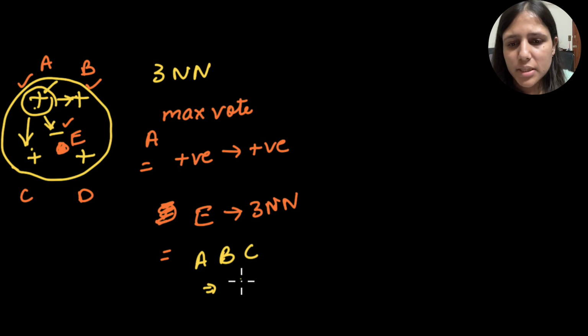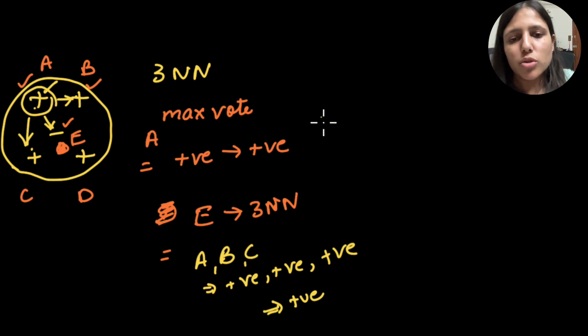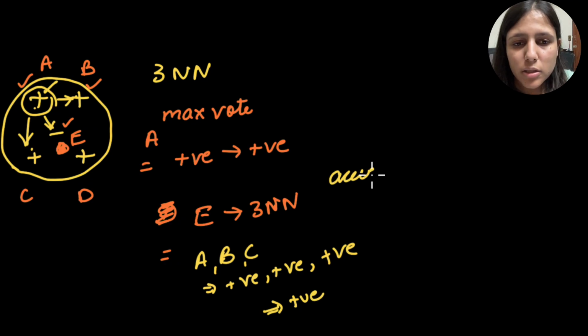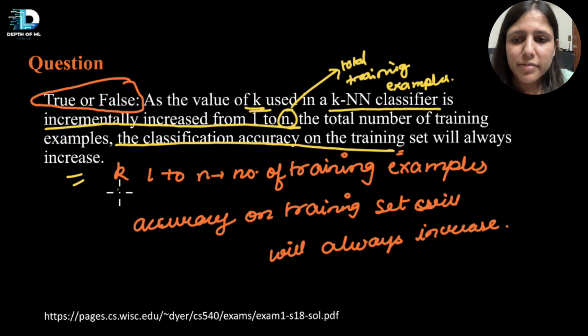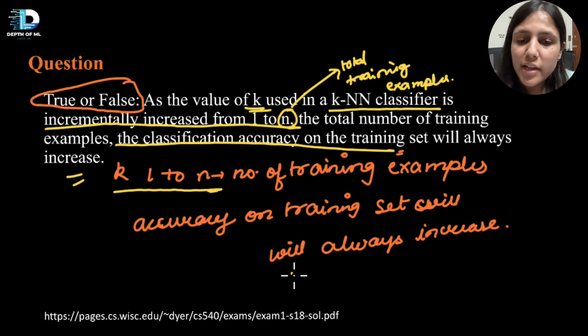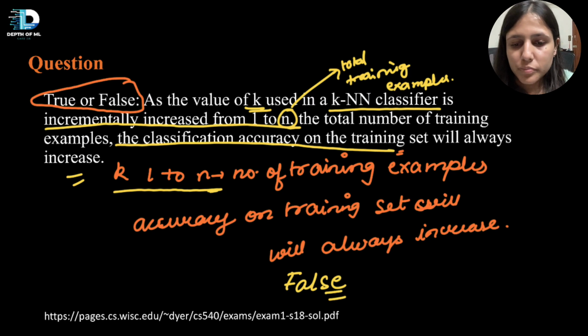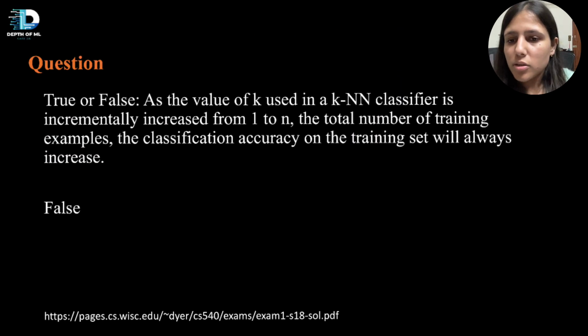So I take A, B, C, and they are positive, positive, positive, so the max vote is positive. So my accuracy is basically decreasing. This statement says that if I increase k from 1 to n, the accuracy on the training set will always increase. We just proved that that's not true. This is false.